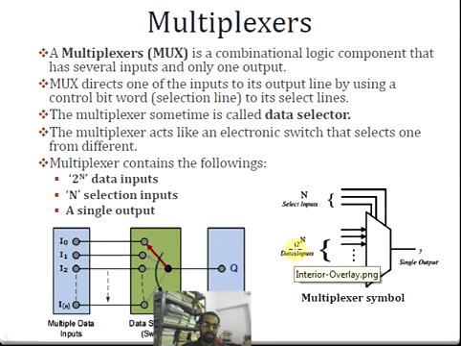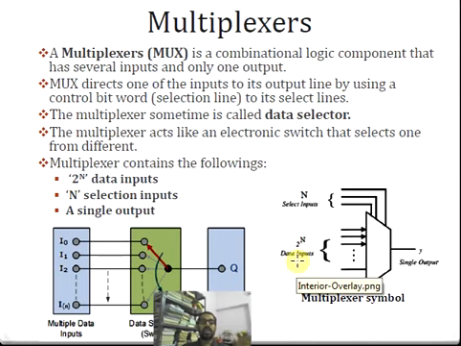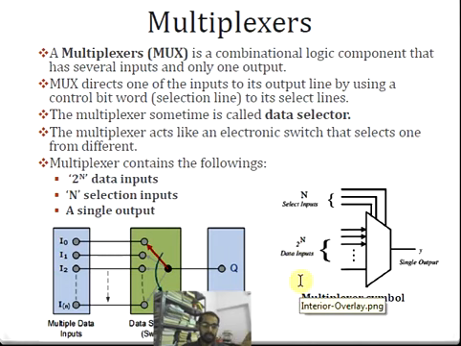Generally we can say that if we have 2 raised to n inputs, as you see here, this is the symbol for a multiplexer. If you want to draw a symbol, this is how it looks. Suppose there are 2 raised to n data inputs, then we should use n select inputs.